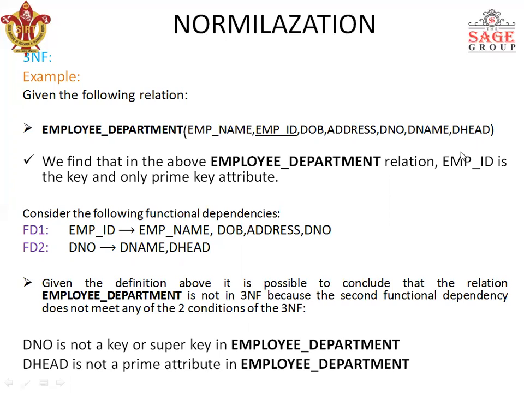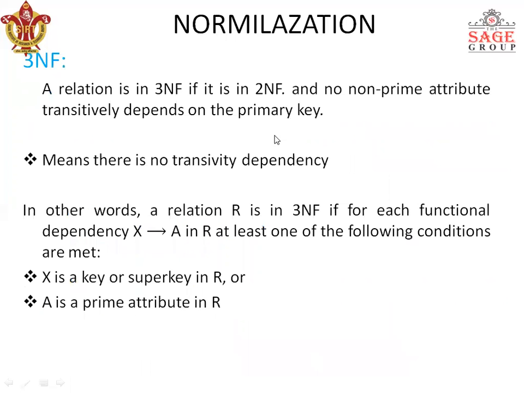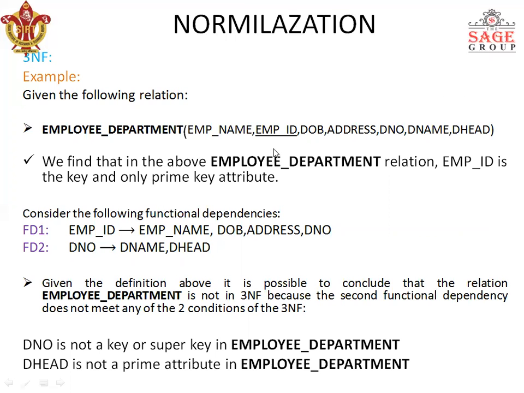We need to remove it. As per the rule, to hold the transitive dependency, X must be a super key. Here X, employee ID, is not a super key, meaning it is not a combination of department number and employee number. So this relation does not meet the condition of third normal form.